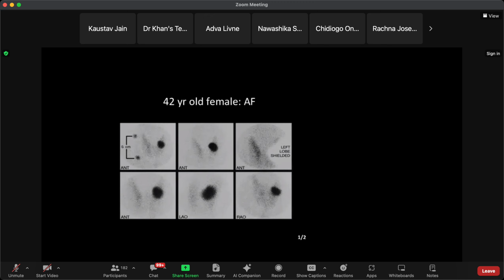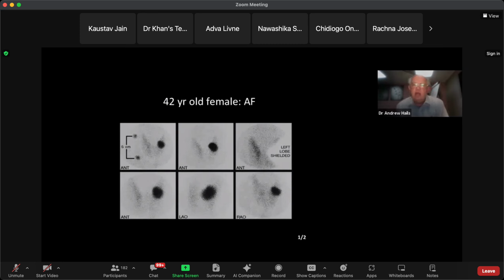So there's a focal area of increased uptake in the left lobe of the thyroid. In a patient with AF, I'd be concerned that this was a focal hot nodule or a toxic nodule, giving them symptoms of hyperthyroidism. Okay, that's right. And why is there not very much uptake in the right side?